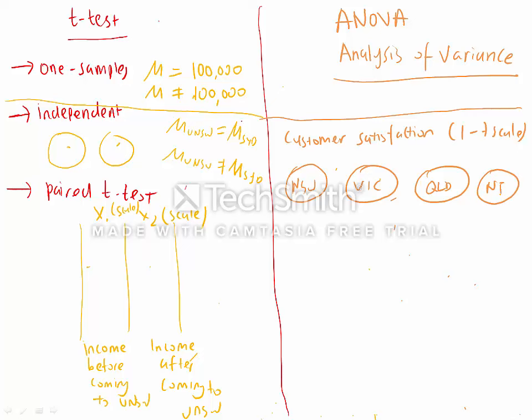Let's say we have just 4 states. Now we have 4 instead of 2, so clearly we cannot just use a t-test. So this is the first case of ANOVA.